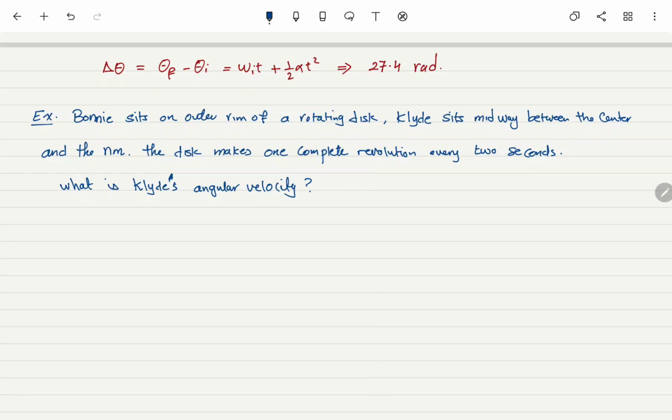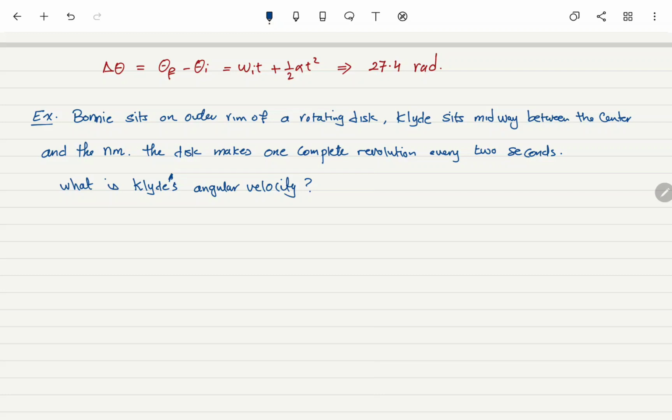Now remember, the angular velocity, or omega, of any point on a solid object rotating about a fixed axis is the same. Both Bonnie and Clyde go around one revolution, which is 2 pi radians, every 2 seconds. So to simply answer this question, Clyde will have the same angular velocity as Bonnie.